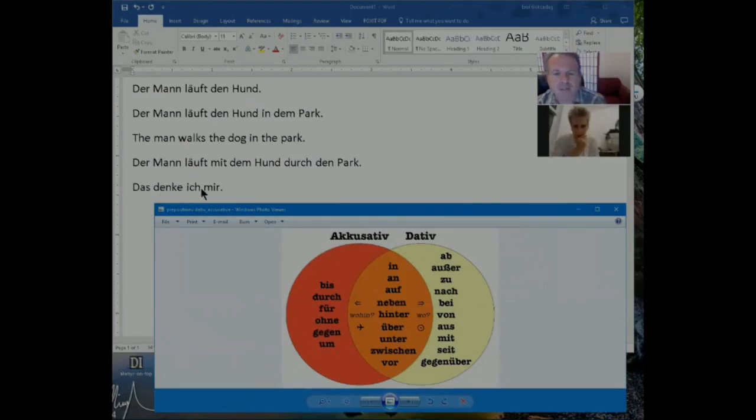Denken means to think. Now, in this case here, you have the dative, right? Mir. Mir is actually the dative. Er gibt es mir, the dative object pronoun. Er gibt es mir. He gives it to me.